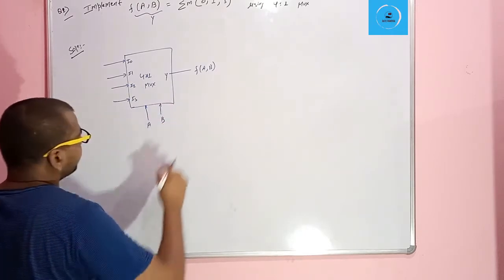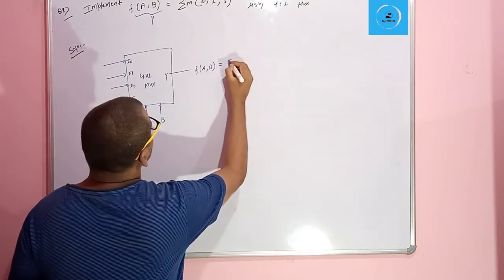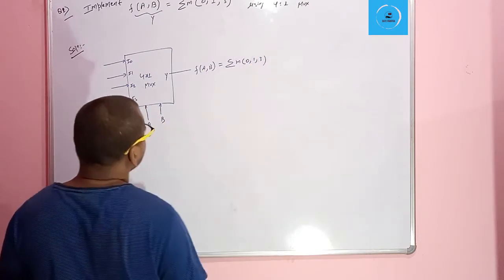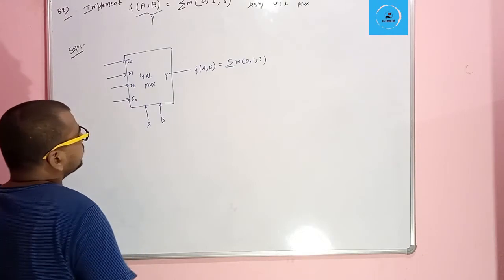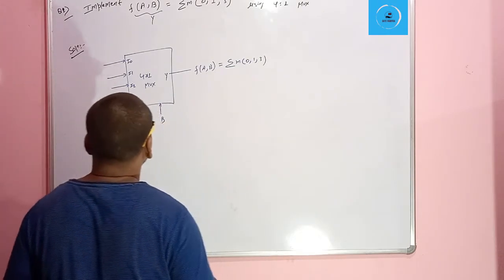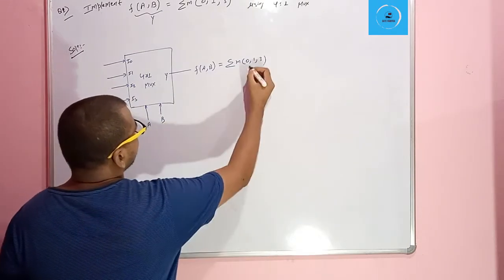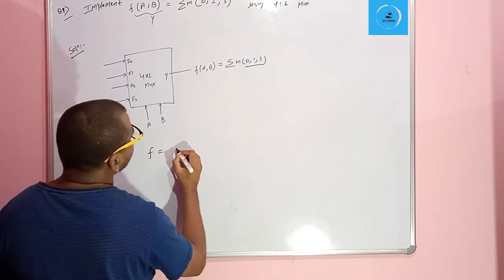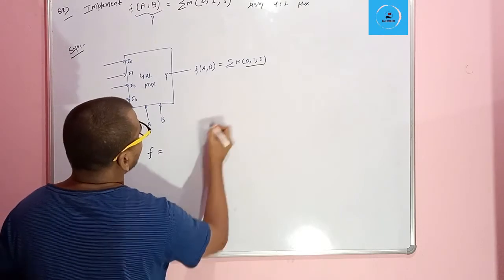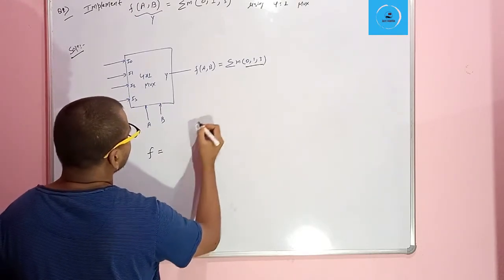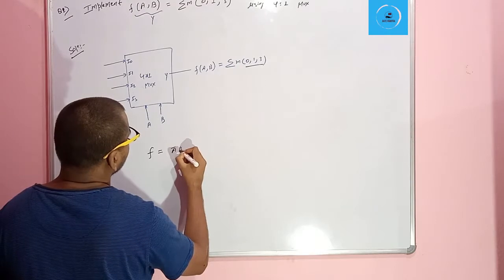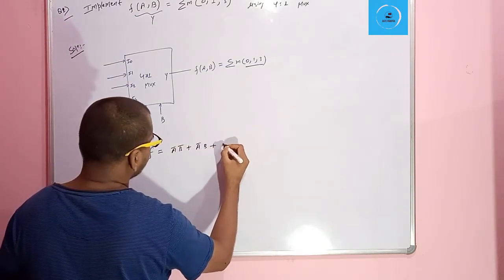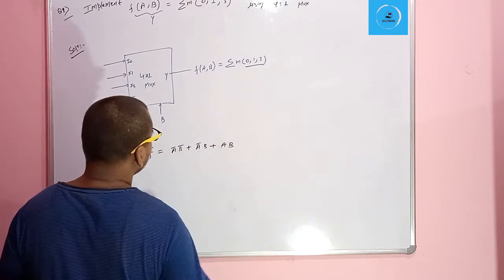So the output is the function of a, b, equal to summation m of 0, 1 and 3. First we write the expression: f equals, for 0, a bar b bar, plus for 1, a bar b, and plus for 3, a b, right?